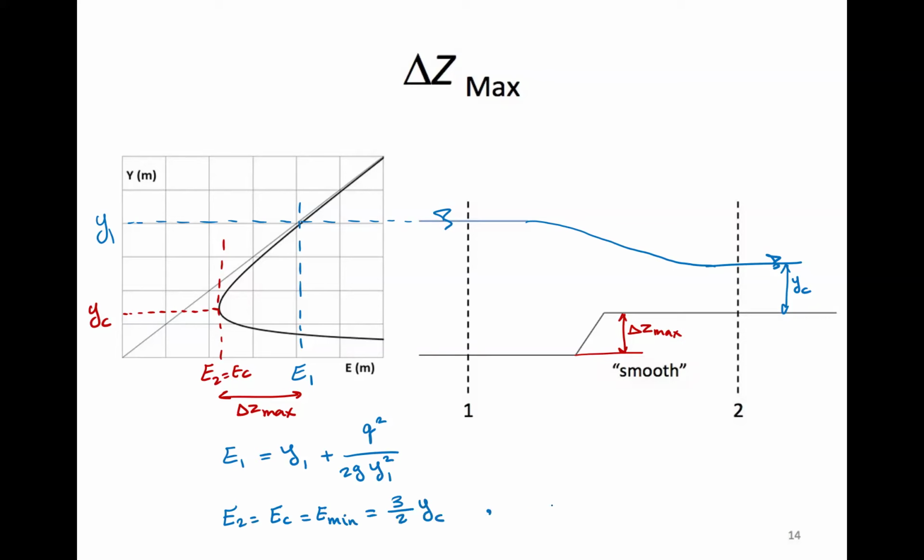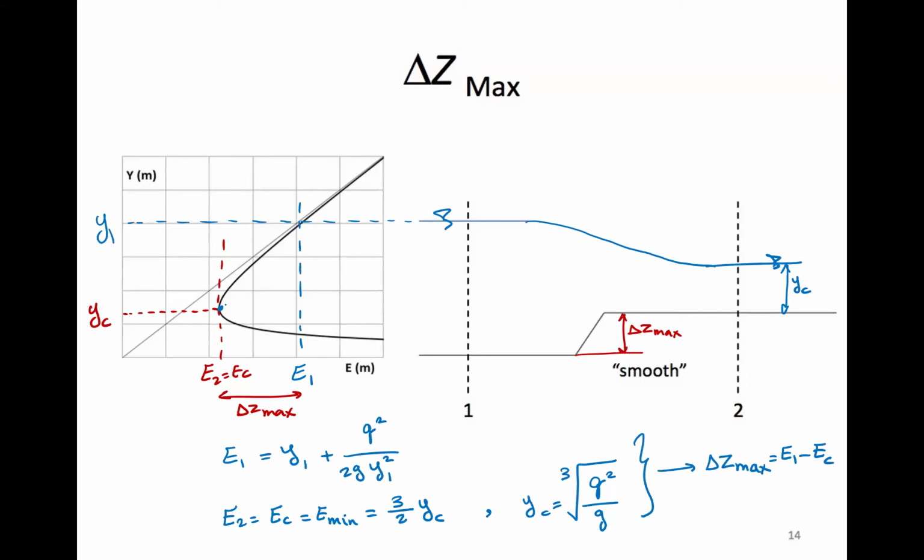YC is equal to the cube root of Q squared over G. So if you plug this in here, we can calculate delta Z max, which will be equal to E1 minus EC or E min, the same idea. And again, the meaning is that this is the maximum height of a step that you can put in a channel.